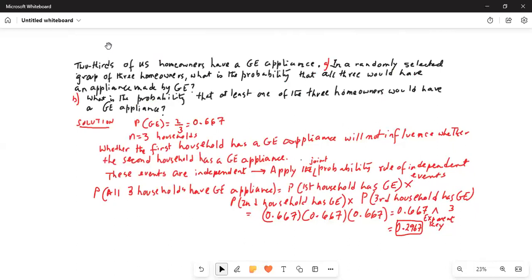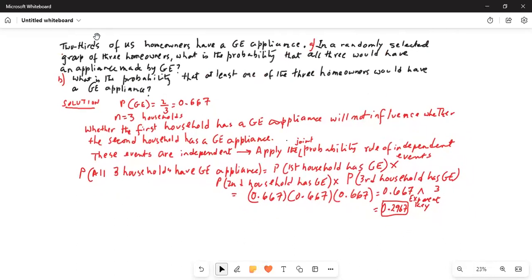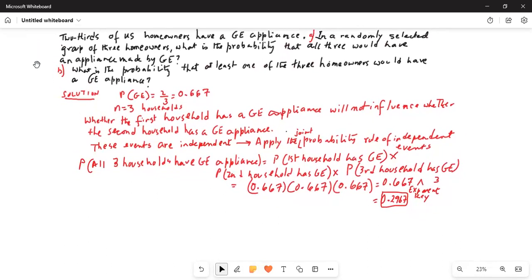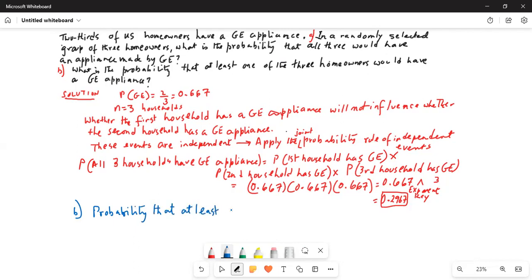So now we will do part B. Part B says probability that at least 1 out of 3 households have GE.